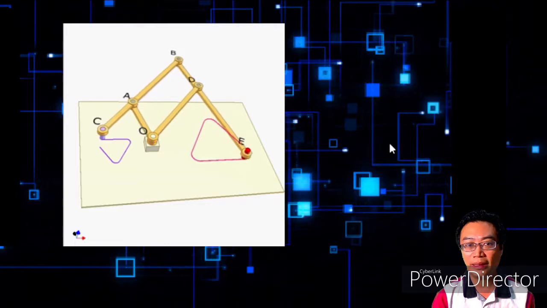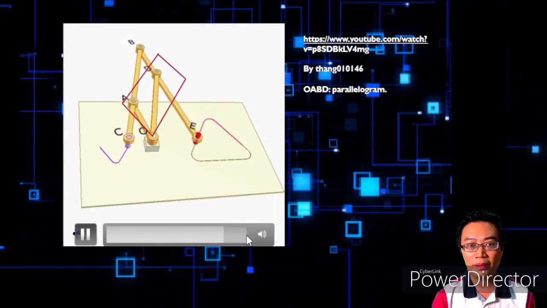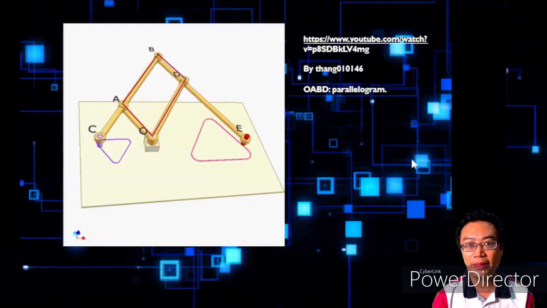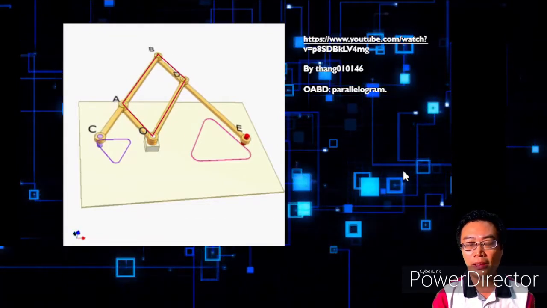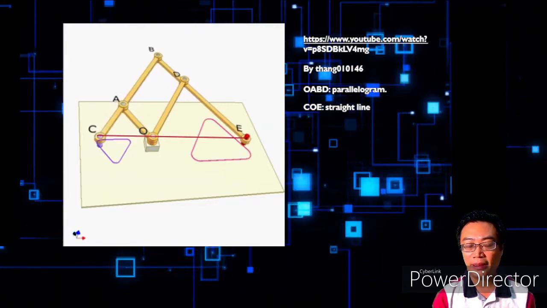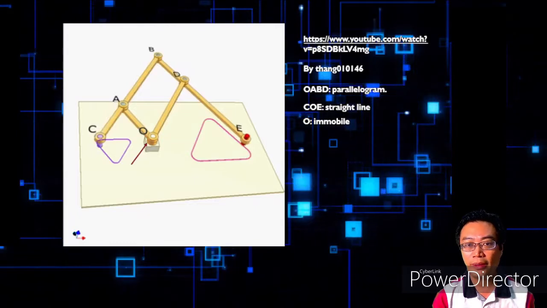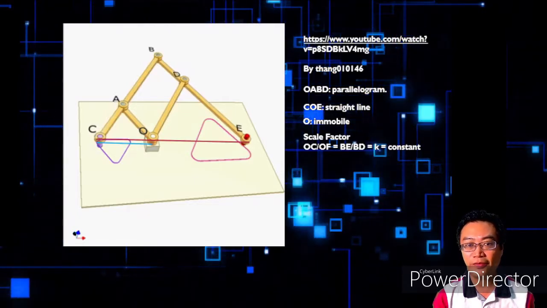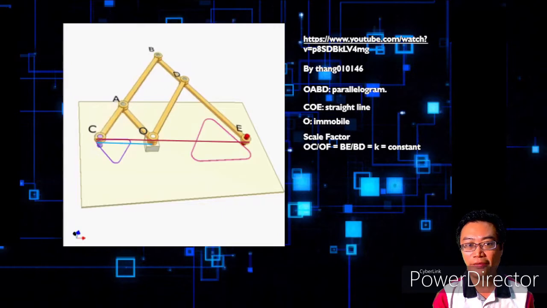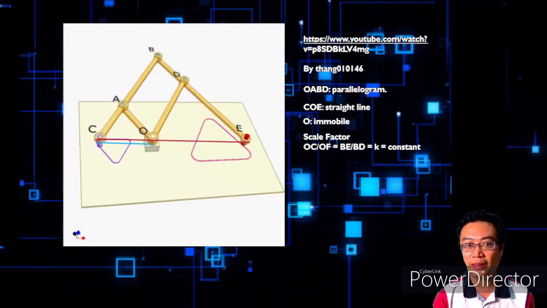So here, another example taken from YouTube, we observe that OABD is a parallelogram. COE remains a straight line like in the last two examples. We have an immobile point O and then a scale factor OC relative to OE, which is the size of the triangle traced by point C relative to point E.